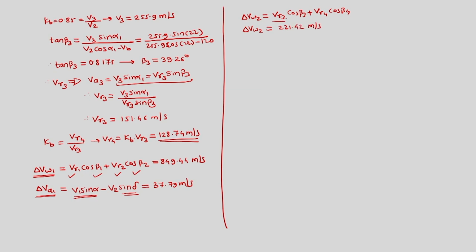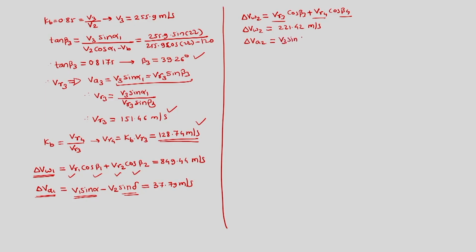VR3 is found, VR4 is found, beta 3 is known, beta 4 is given. So from that we found delta VW2.